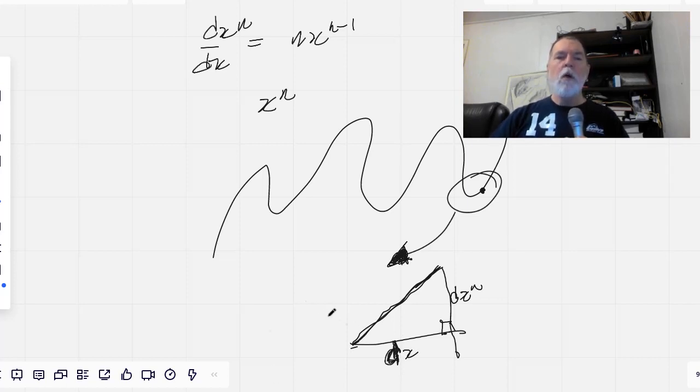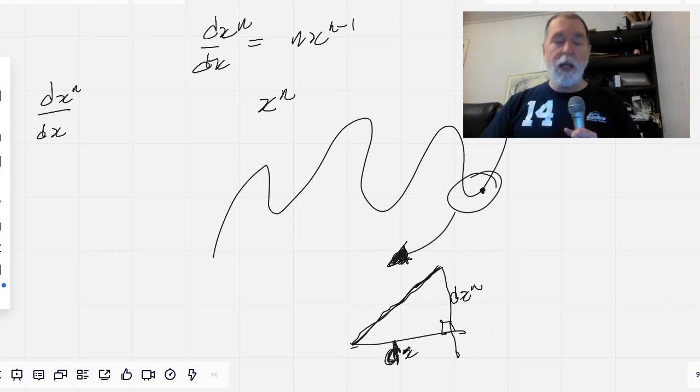Okay, so what we're looking for then is the slope here, the rise over the run, or whatever you call it, which is this d, the small change in the value of the function, divided by the itty bitty small change in x. So now we've defined what we are looking for.